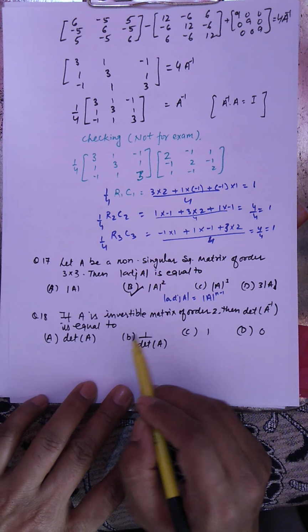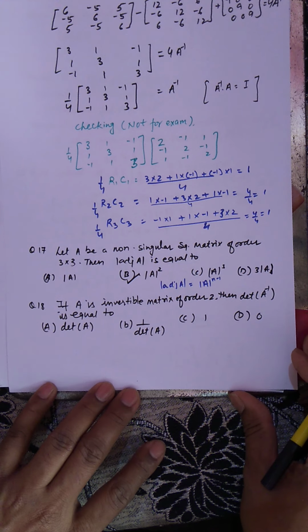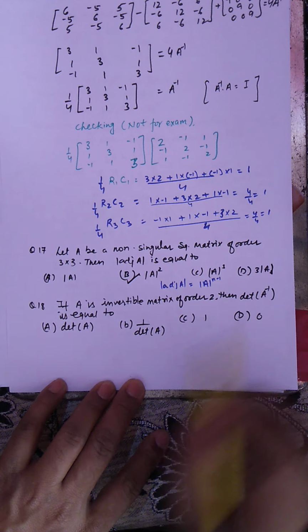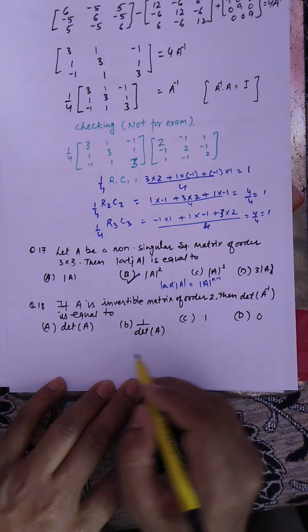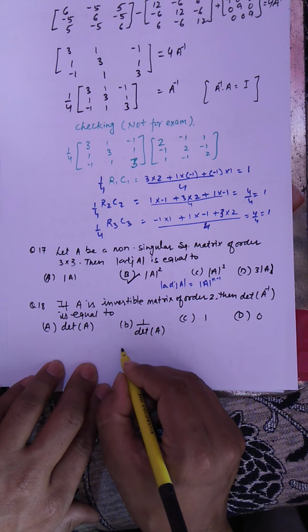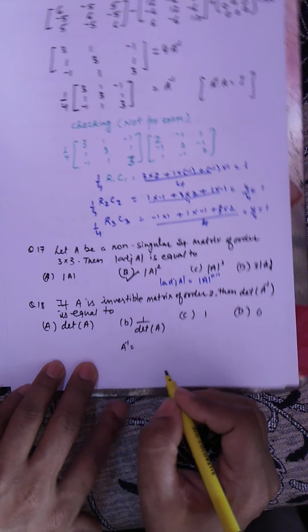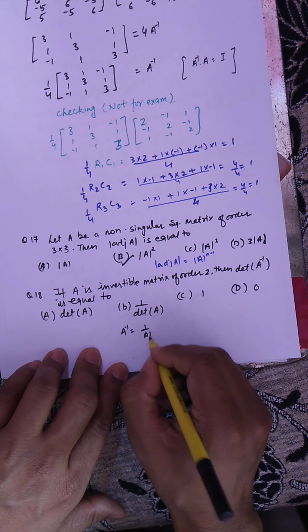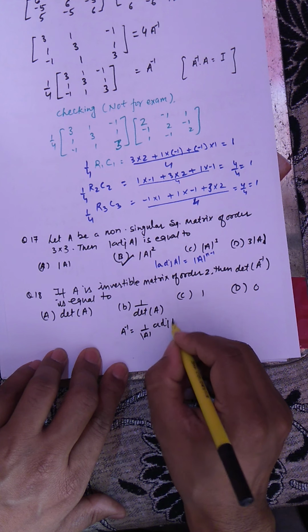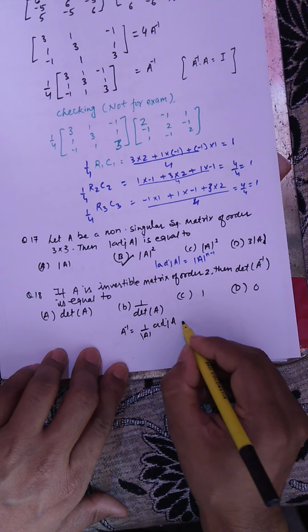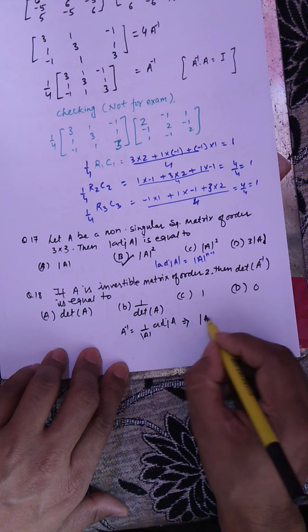Now come to this. If A is an invertible matrix of order 3, then you have to find the determinant of A inverse. You see that A inverse is actually 1 upon determinant of A and adjoint of A. So now you take the determinant on both sides of A inverse.